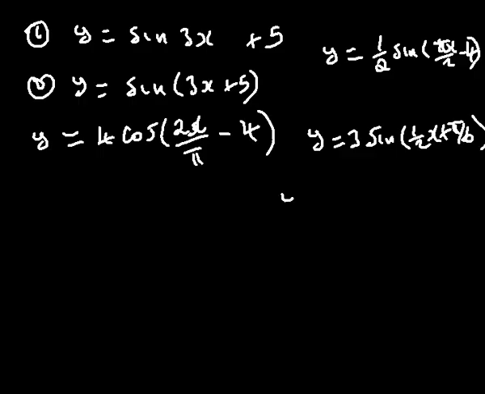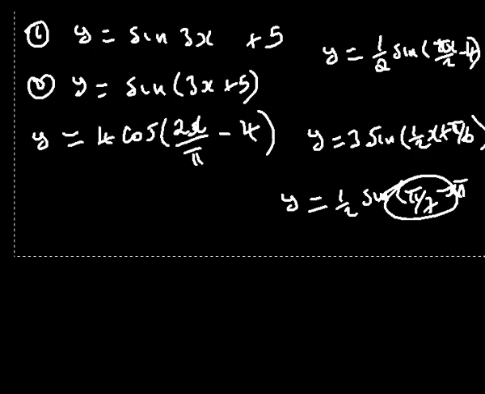Let's say that is the case, and let's say y is equal to half sine of pi over 7 minus pi x. So how should you have that one? So try to have that at your own time. And what if we have this as well?